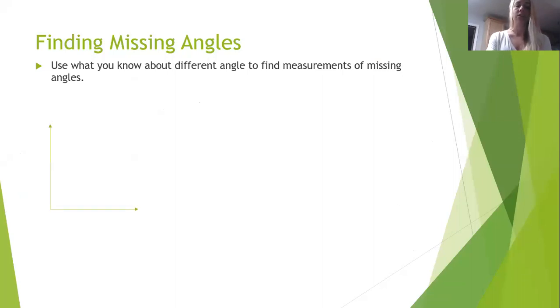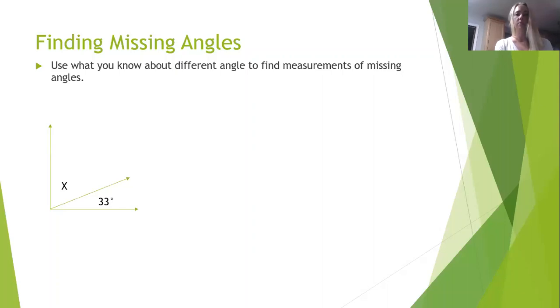So let's start with this. We have a right angle. We know it's a right angle because it looks like it belongs as part of a square. But if I add another line to it, now I have two angles that the total is going to equal 90 degrees. I know that one angle is a measurement of 33 degrees, and we're going to call the other angle x.